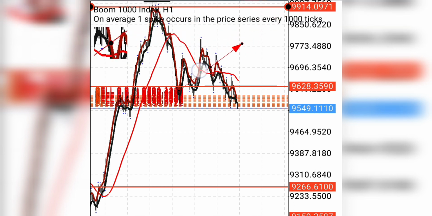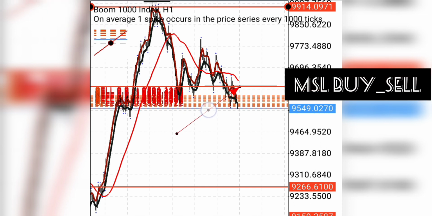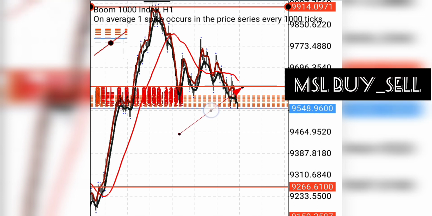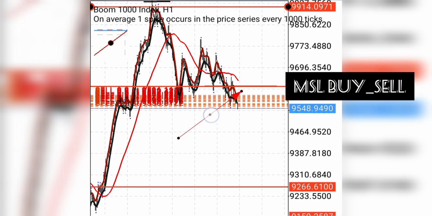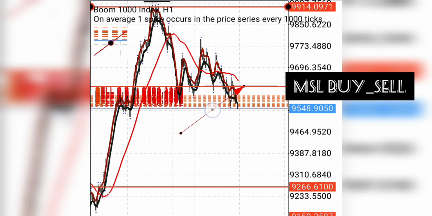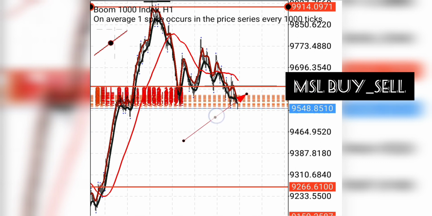Even if it sells to this place, if it jacks up and hits this SL level, my magic stop loss for both buy and sell, it will stop selling, and from here it will start buying. If it hits this line and goes down, it starts selling. If it hits this line and goes up, it will start buying.